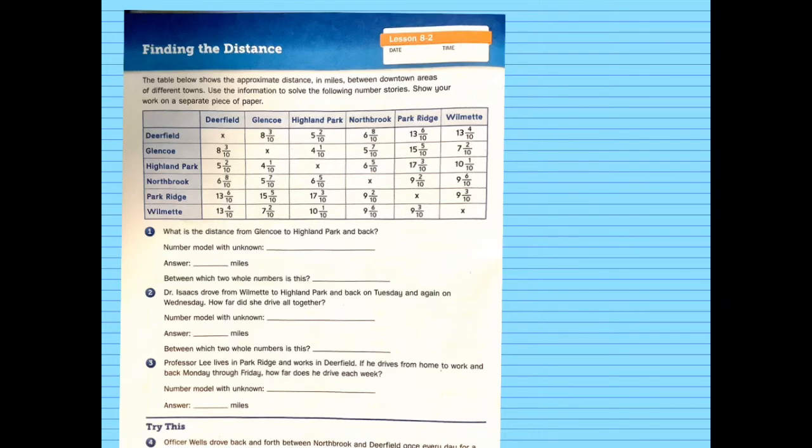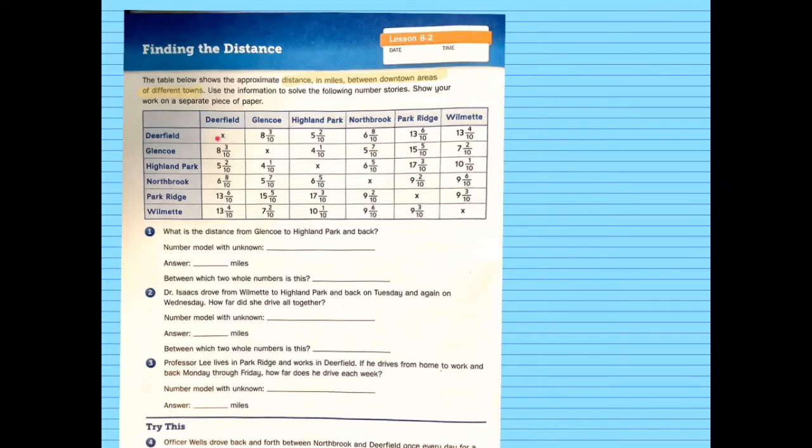So before we jump in, let's look at our chart and see how to read it and to see what information is being told to us here. Now, remember, the chart shows you in miles the distance between downtown areas of different towns, okay? So you noticed earlier that there were some blank spaces.